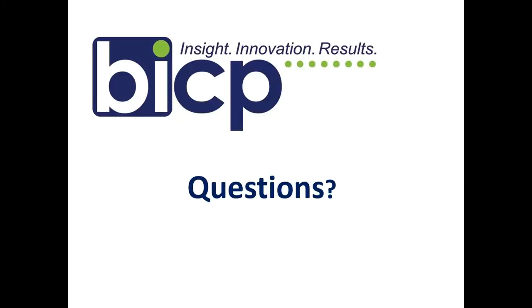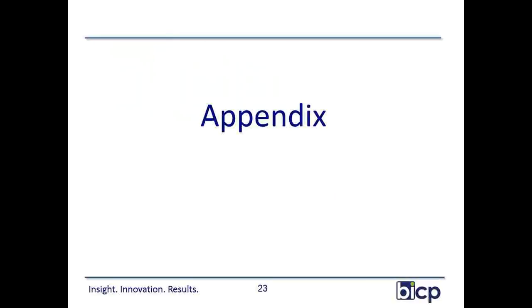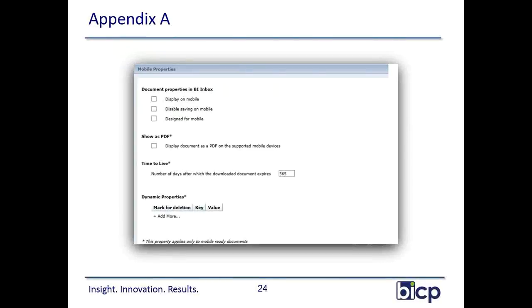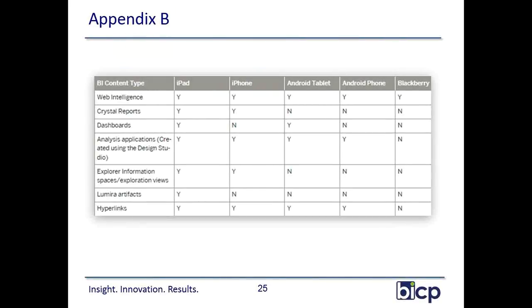And actually, I'm glad that question was brought up because in my handy appendix section, I have the full product matrix of what I spoke about in the very beginning of the presentation. Like I said, this PowerPoint will be sent out to everybody, and the link will be made available on BICP's website.